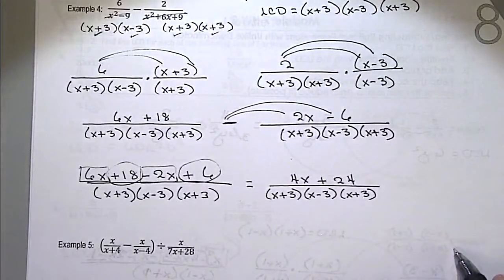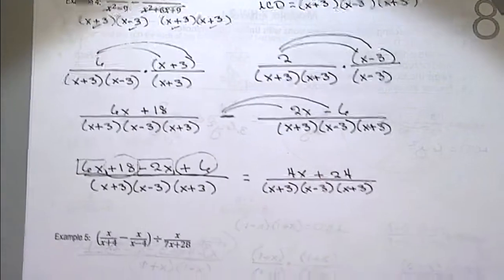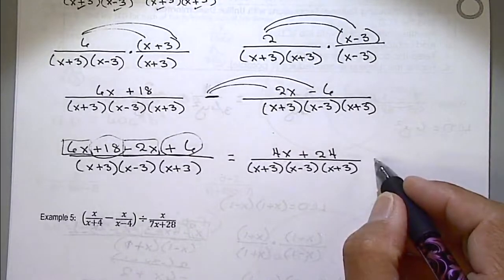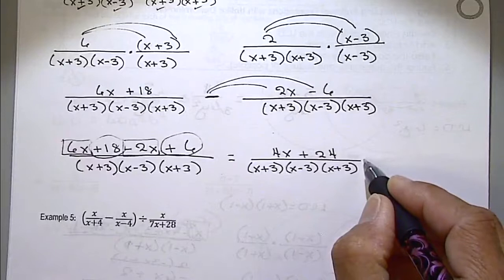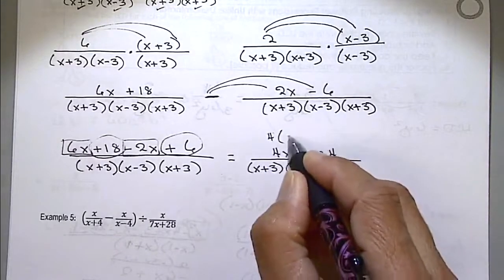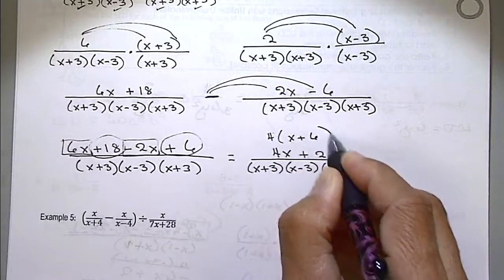How could I do it? Hang on, I'm going to change my notes so that I don't mess it up again. Okay, so now, what can I do? Well, I can factor out a 4, can't I? I mean, that's about all I can do, isn't it? If I factor out the 4, I would have 4 times x plus 6, right?